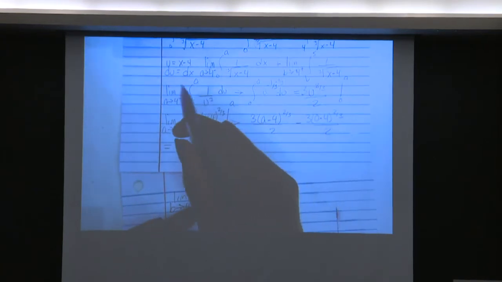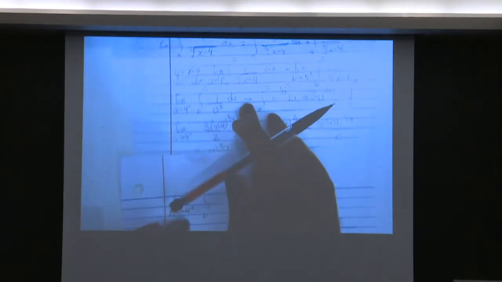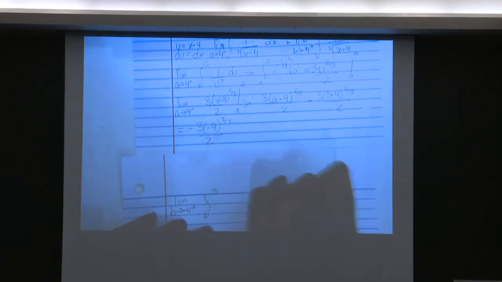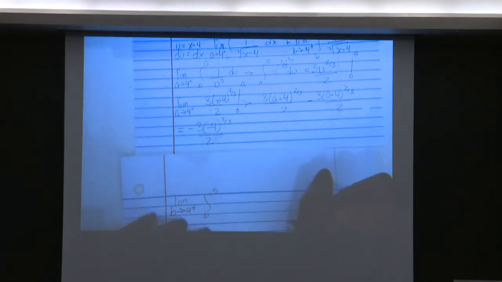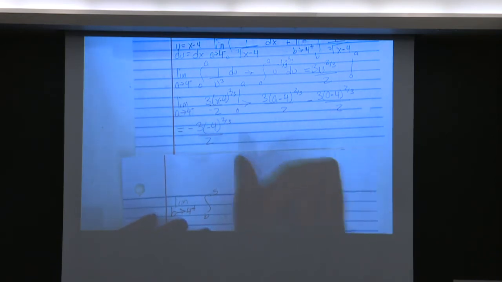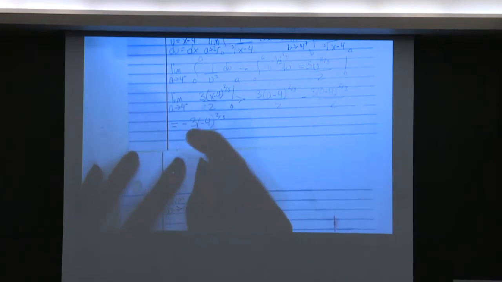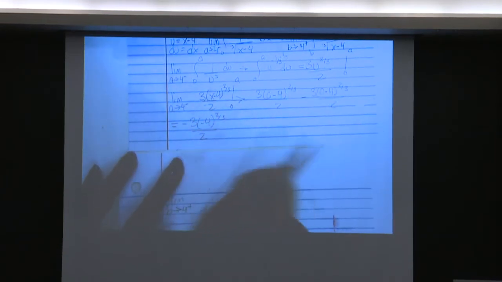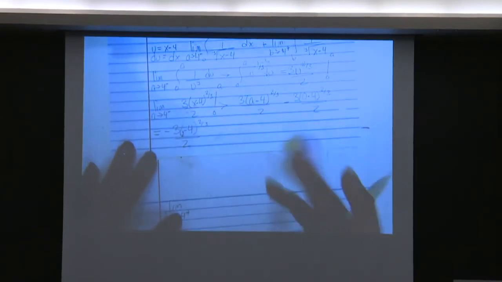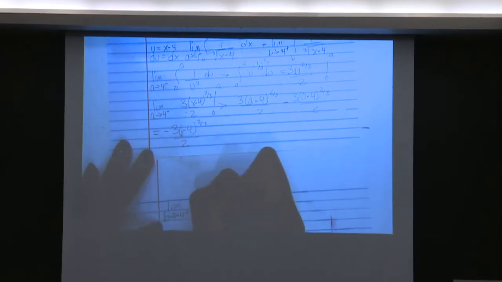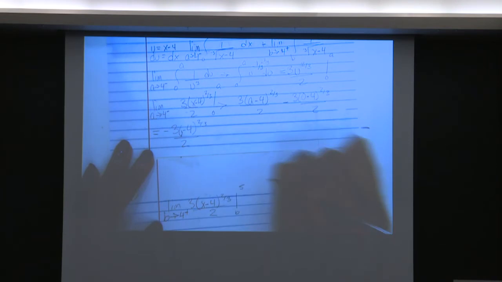That's B to 5. Basically the same thing, so I'm really not going to rewrite all that because it's the same work. I'm just going to plug in: 3 times x minus 4 to the 2/3 over 2 from B to 5.